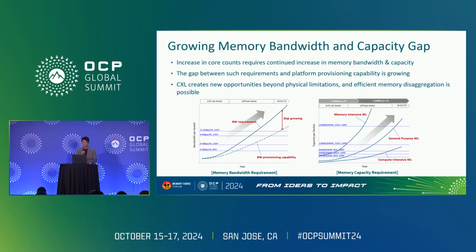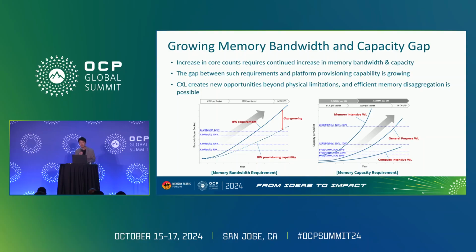All right, so let's first talk about the system issues these days. The volume of data grows exponentially, so we need more cores, and it requires a continued increase in memory bandwidth and capacity. But due to some reasons, like implementation cost and signal integrity issues, the gap between such requirements and platform provisioning capability is growing.